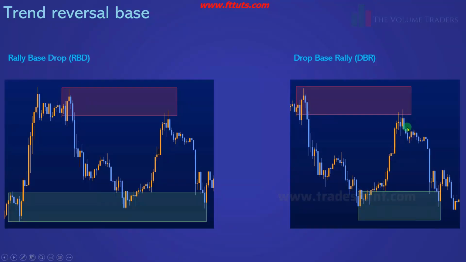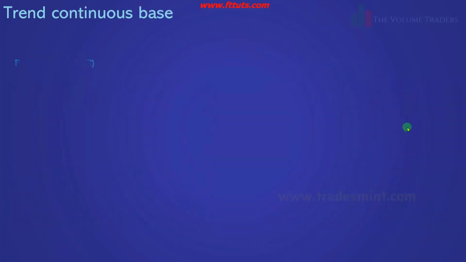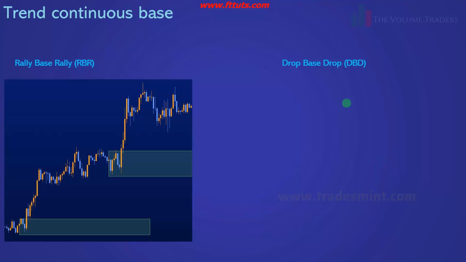I'm not using these terms very often, but I've seen on our Discord that some members use this, and this is very correct, because it's helping me to know what someone else meant. And something opposite for market changes is the trend continuation, so rally base rally and drop base drop.